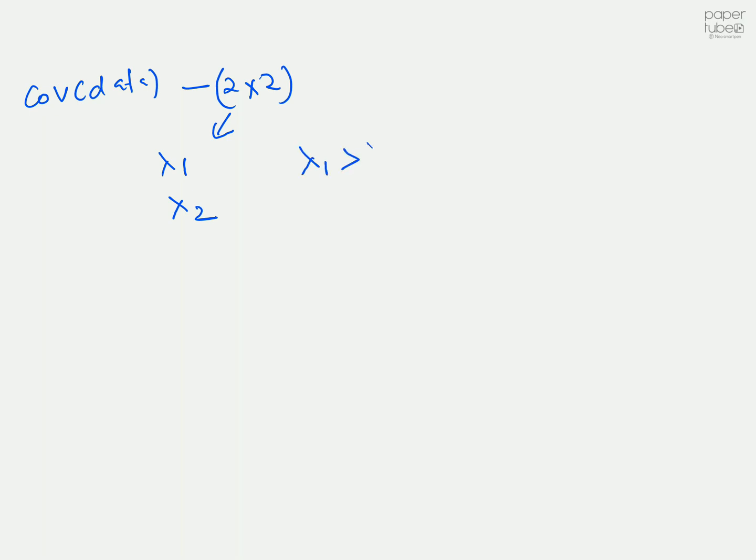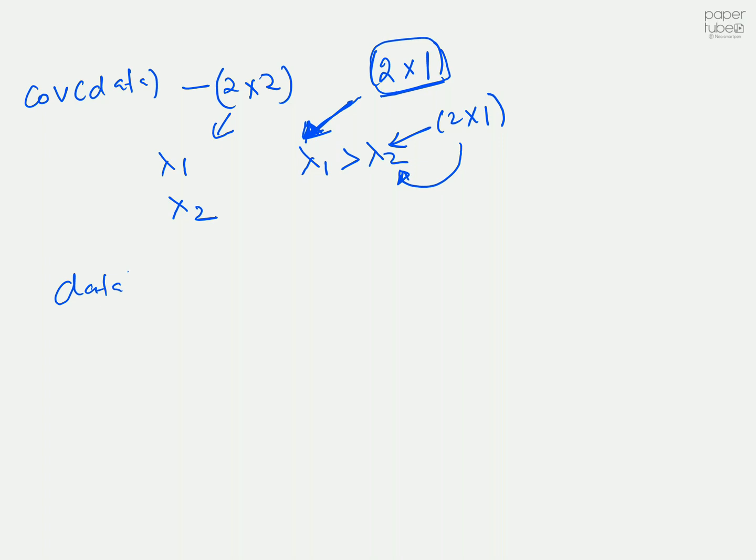So if lambda 1 is greater than lambda 2, you get the eigenvector of lambda 1, which will be 2 multiplied by 1, that's the size of the eigenvector, and then lambda 2, that will be 2 multiplied by 1. So that's the size of the eigenvector that corresponds to eigenvalue lambda 2. And that will be the size of the eigenvector that corresponds to eigenvalue lambda 1. And then what we do is you take the data multiplied by your eigenvectors that corresponds to eigenvalue lambda 1.